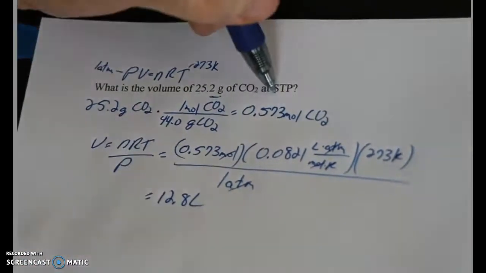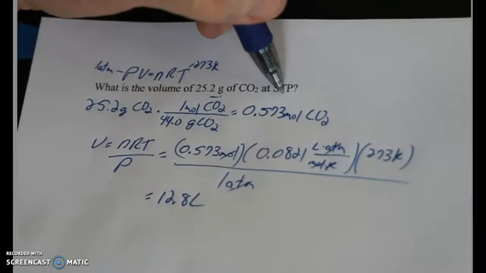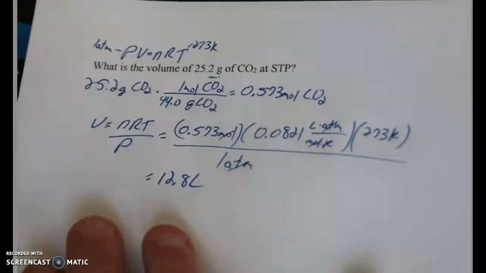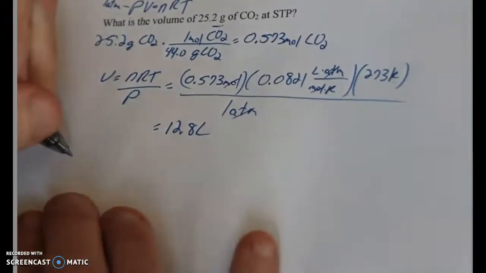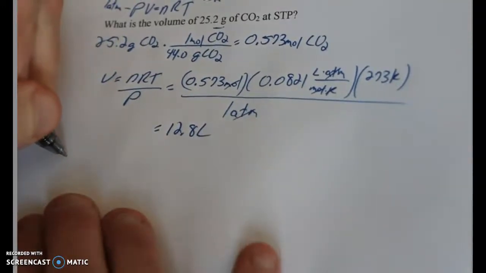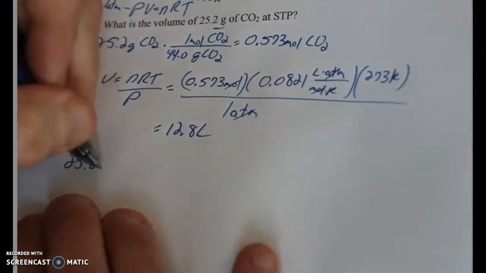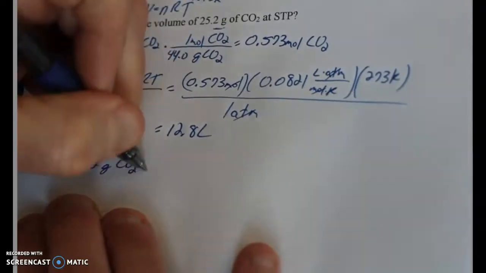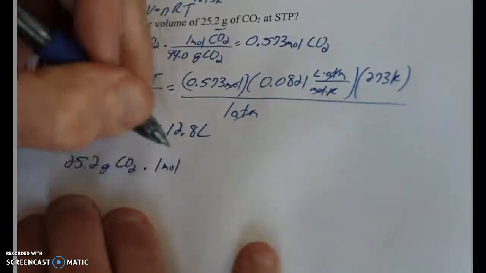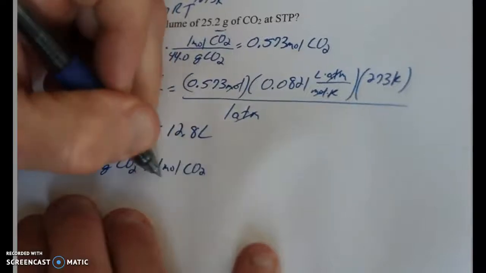Now the other thing you could do is take advantage of this being at standard temperature and pressure, and I could actually use Avogadro's law for this. So what I can do is start off with this 25.2 grams of carbon dioxide. Do that same first step where I'm converting it to moles.